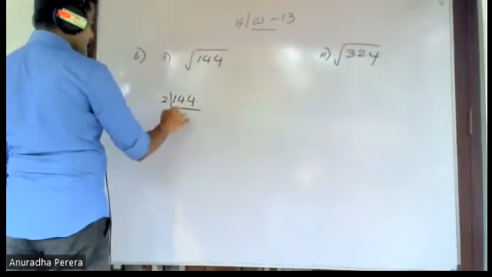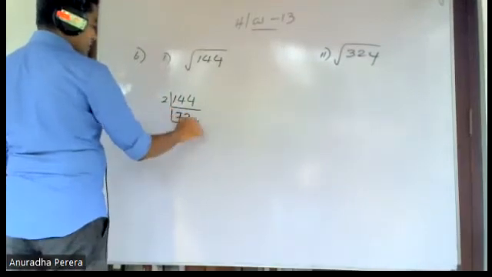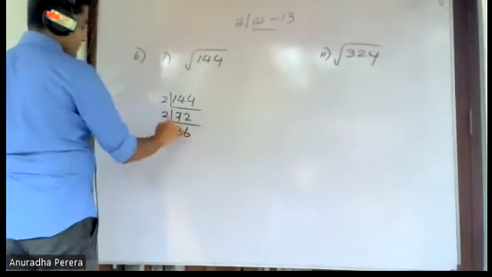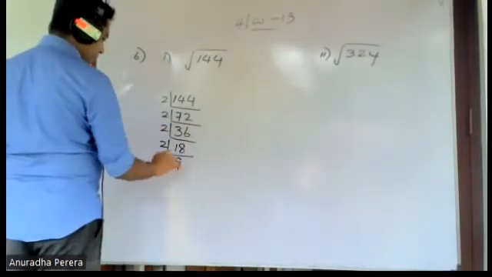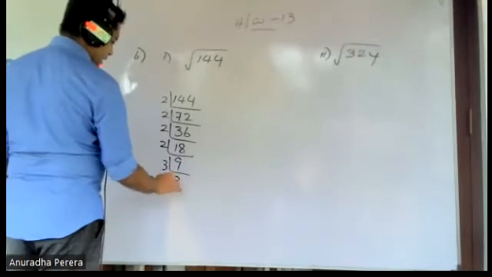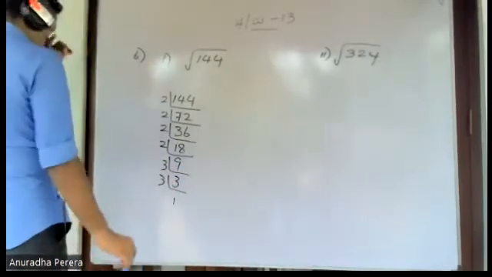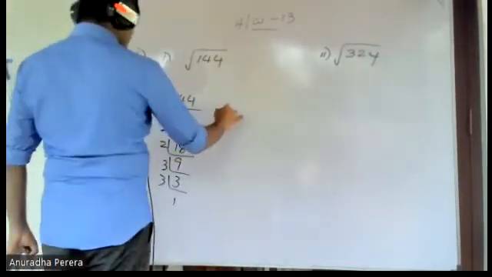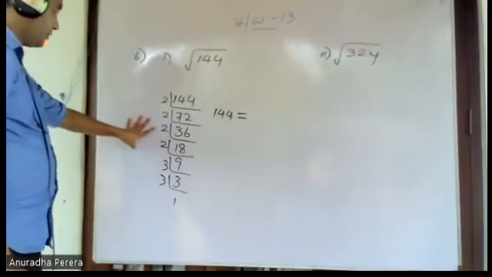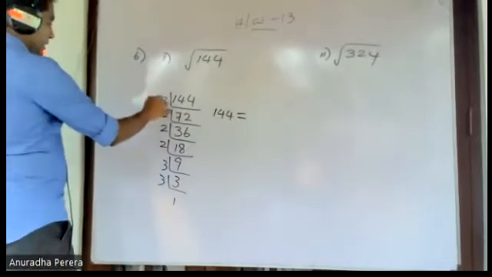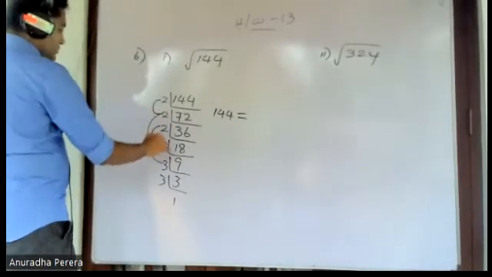By 2, 72. Then by 2, 36, 18, 9, 3. Then separate into the same products of the same values. You can separate like this. Two 2s and one 3.